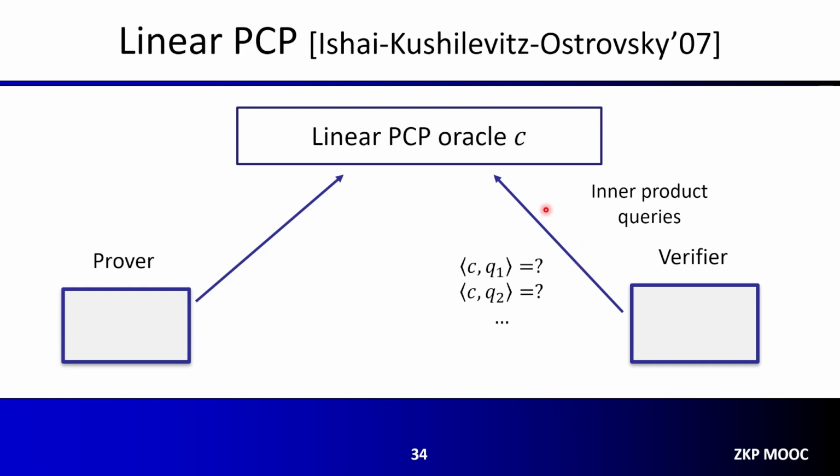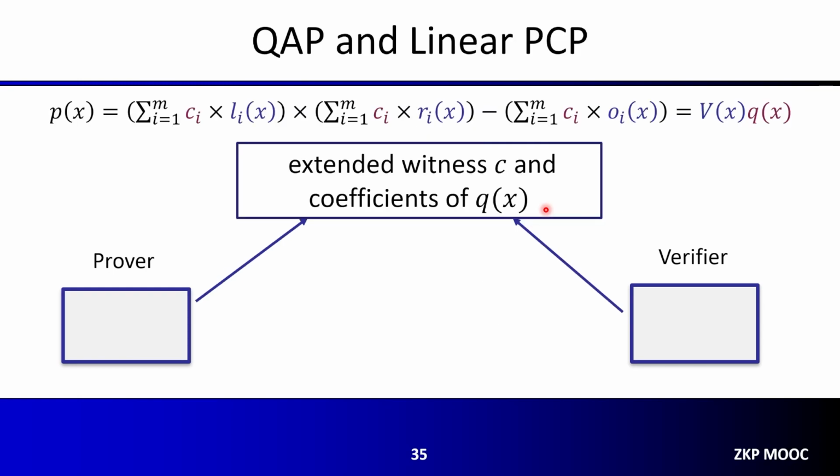Then the quadratic arithmetic program I explained in the first part of the lecture can actually be categorized as a linear PCP in exactly this model. Here's the reason why.